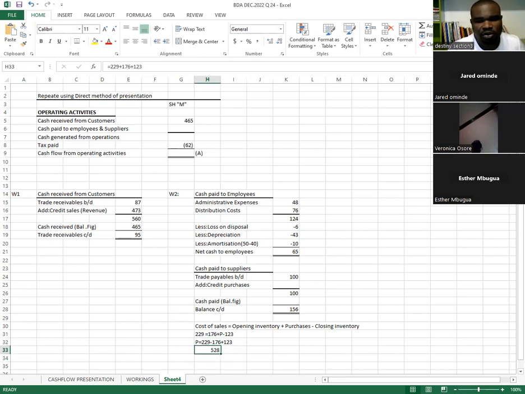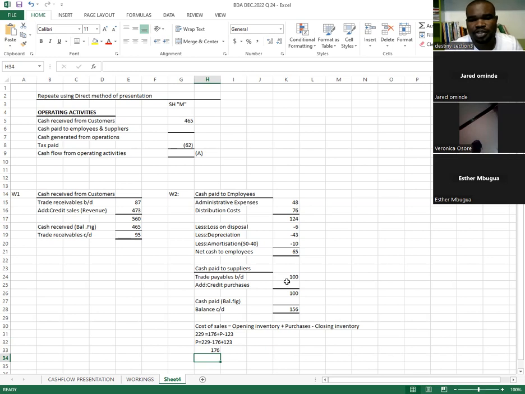So P is equal to 229 plus 123 minus 176. Yes, so it comes to 176. So our purchases is 176.